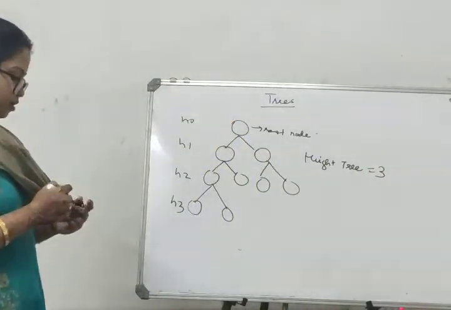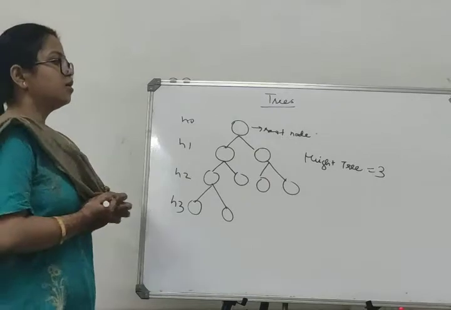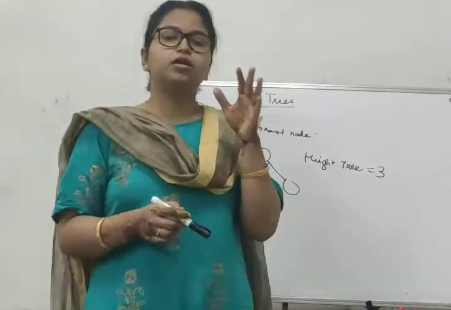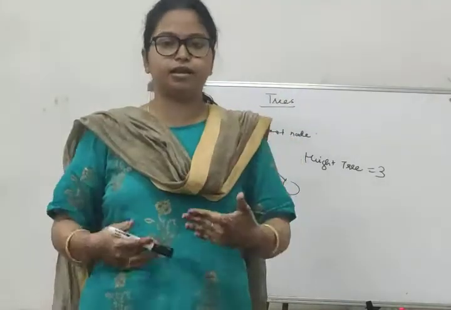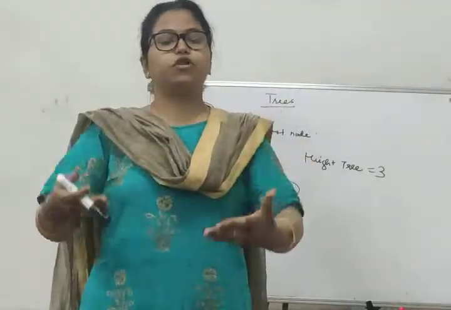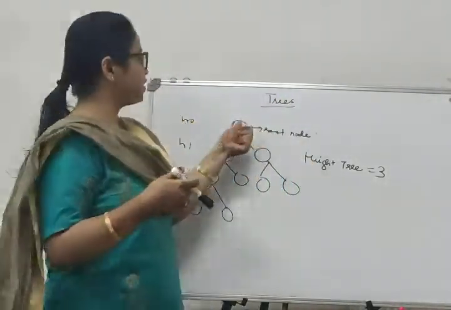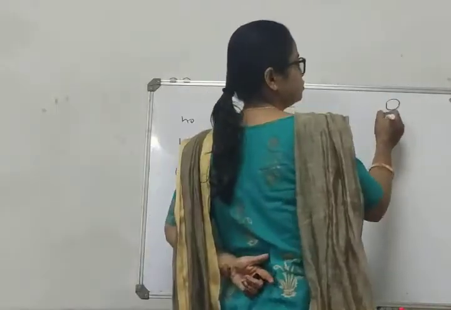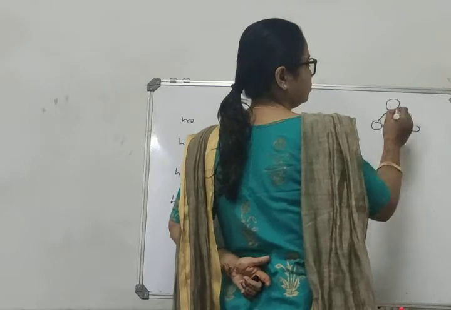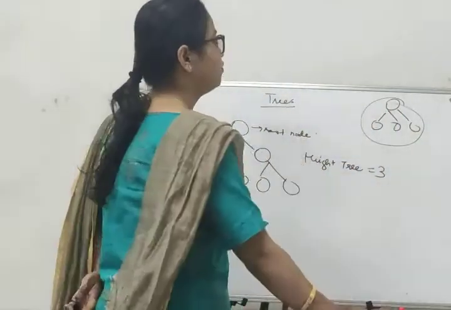Now you may ask, ma'am, you said that a tree has a root and it is connected with nodes in a hierarchical manner, that is, one by one. But why are you always connecting 2 nodes? See, we can also connect 3 nodes, but it is beyond our scope. Why?